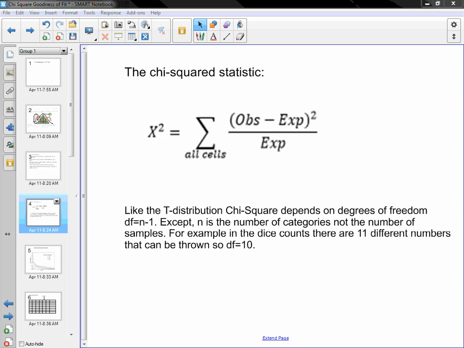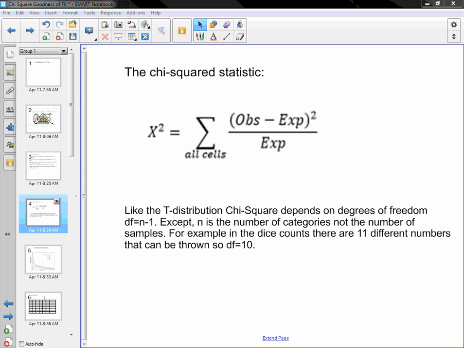Right? The expected value for each category is supposed to be 5 or more. So if you had an expected value of 5 and you got 0, that wouldn't be very good. It's not very likely. But if you did get a 0 in there, you could still proceed, okay, as long as your expected value was supposed to be at least 5. And that category would still count, even though there was never a number that landed there.